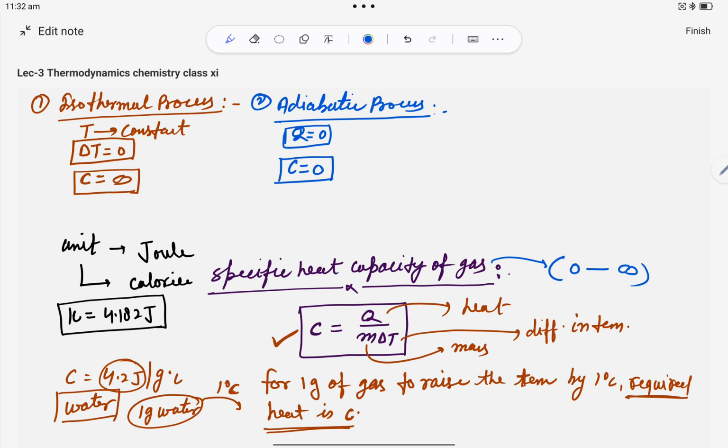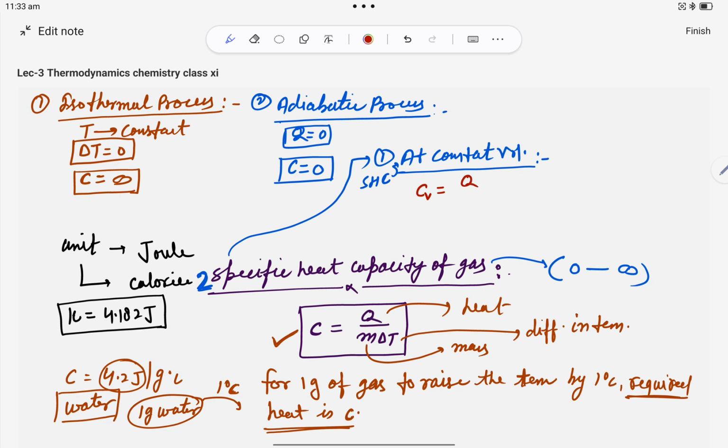Okay. So two kinds of specific heat capacities are there. Number one, specific heat capacity at constant volume, represented by small Cv, which is Q upon M delta T. This Cv is not that CV you are thinking of; it is the specific heat capacity.